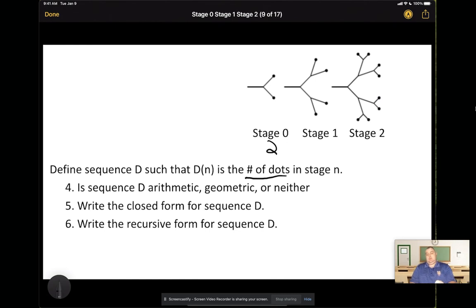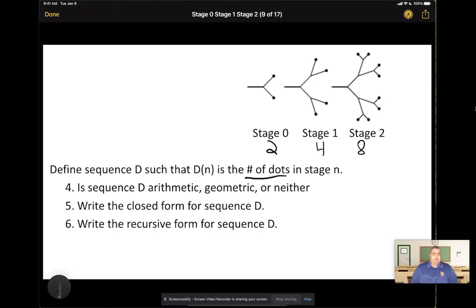Then we have 1, 2, 3, 4 dots in stage 1. And then we have 1, 2, 3, 4, 5, 6, 7, 8 dots in stage 2. So we go from 2 to 4 to 8. Those are my first 3 terms of the sequence.